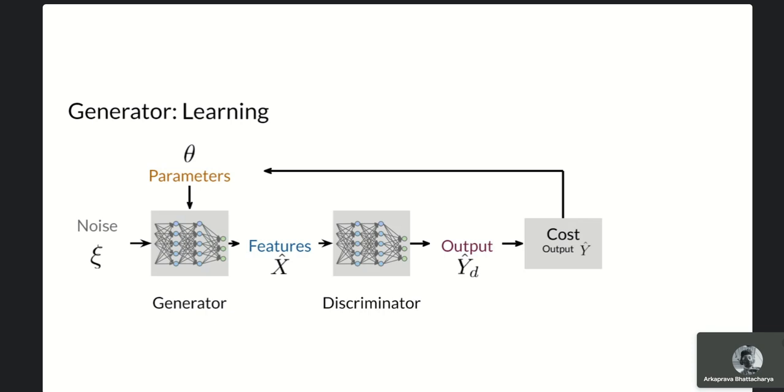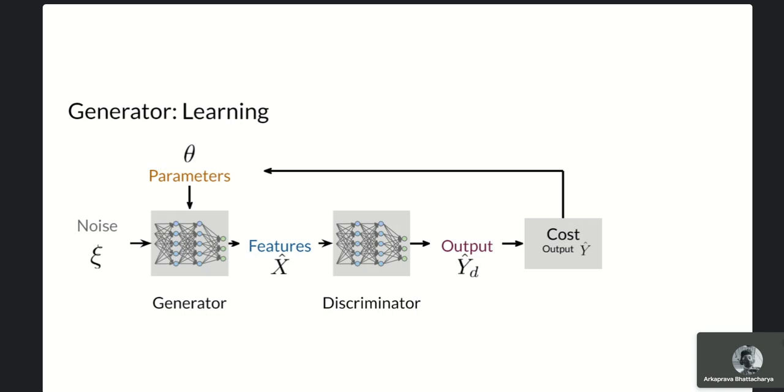So this X hat is basically an image of a cat which has been generated by this generator, which is then passed to the discriminator. And this discriminator will produce an output Y hat, which tells whether the image is real or fake. This Y hat will then be compared to the actual output, which is y, and the cost function will be computed.